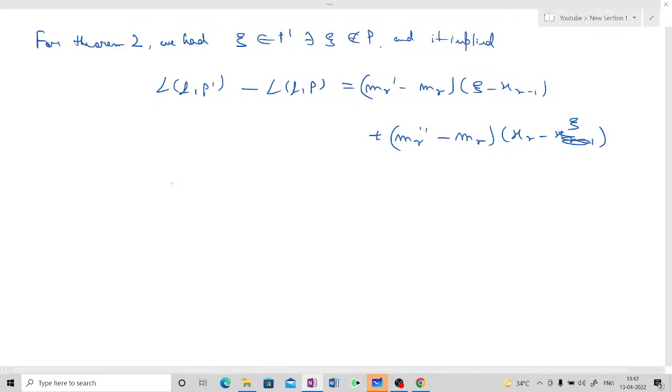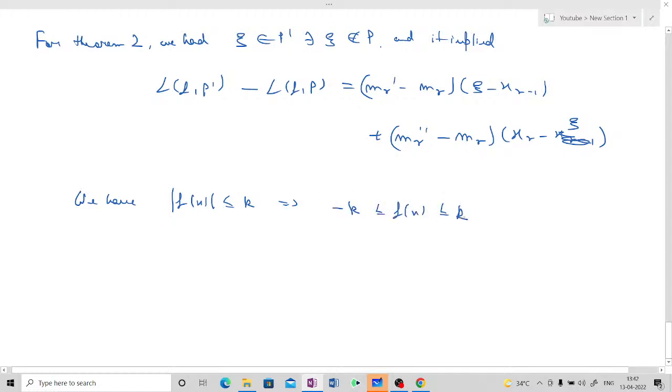Now see. Now we have fx less than equals to k, which implies minus k is less than equals to fx, which is less than equals to k. Now this implies basically minus k is less than equals to mr, which is further less than equals to mr prime, which is less than equals to k, because mr prime and mr are values of f itself, because they are the GLBs of f in a given certain subinterval, right?